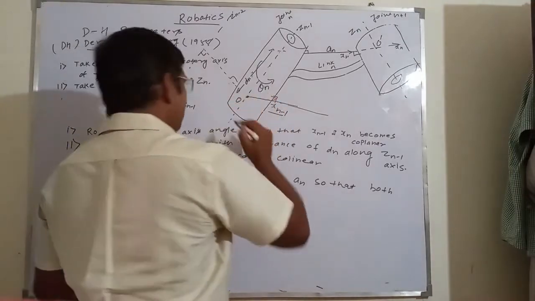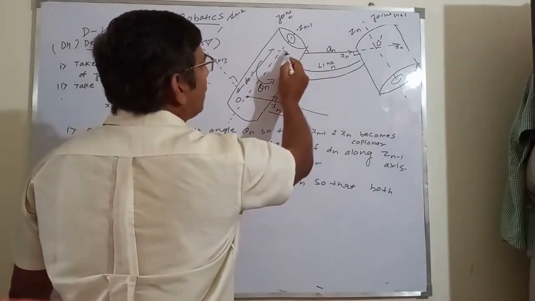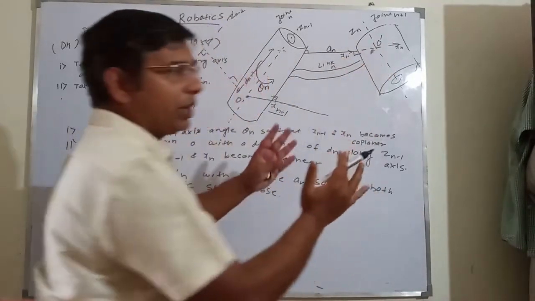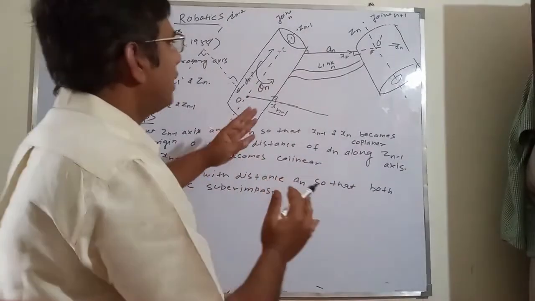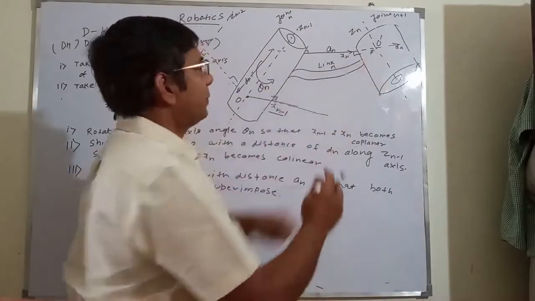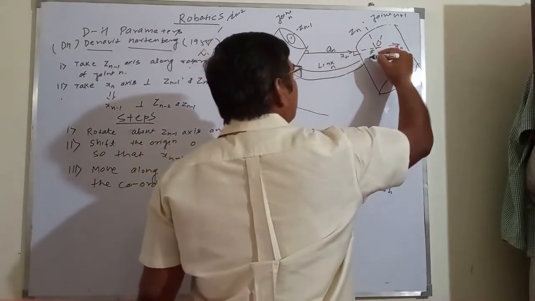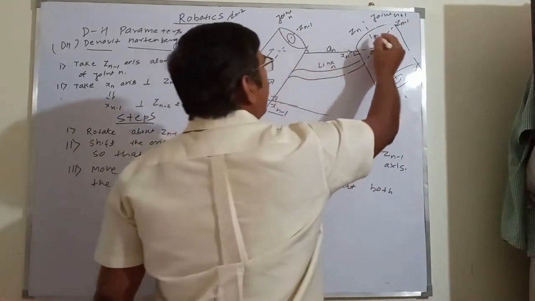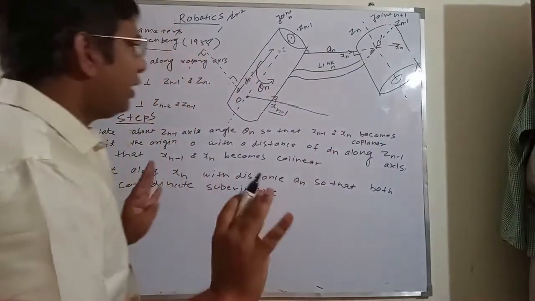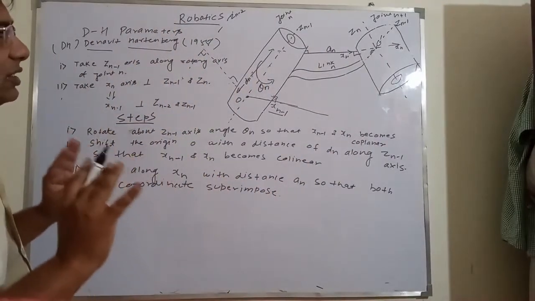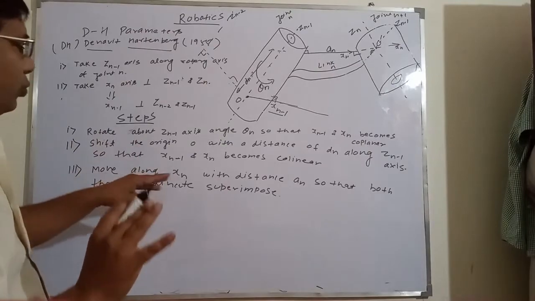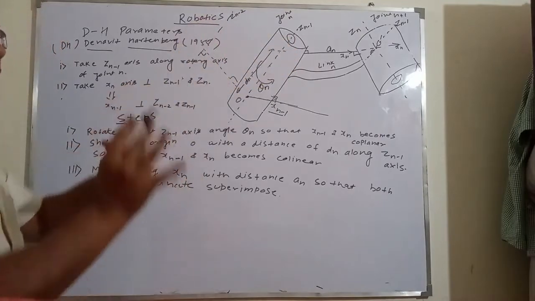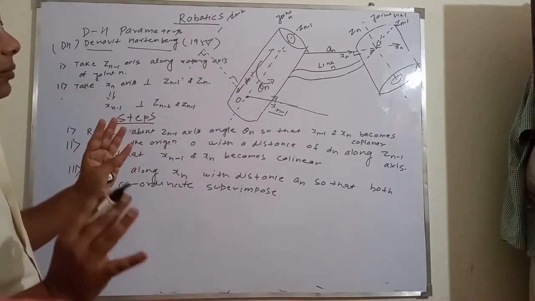So now we have moved further by an, so that O and O dash are superimposed. Okay, so now from here, we have come here in 3 steps. So now our frame of reference is here. So this is Z n minus 1 we have seen, and this is Zn, and the rest of the things are the same in both schemes. Like we can see the origin has shifted from here to here, but only the orientation is now different.